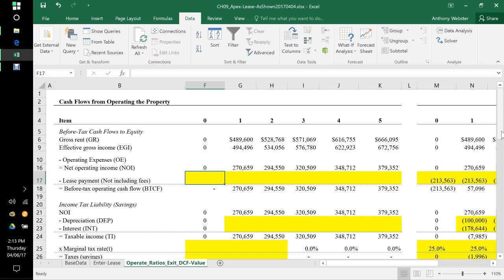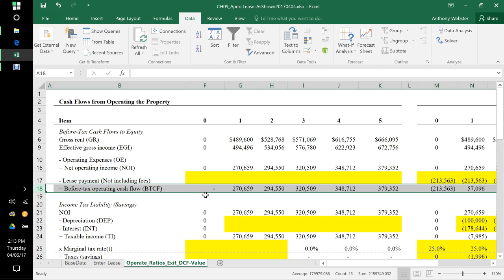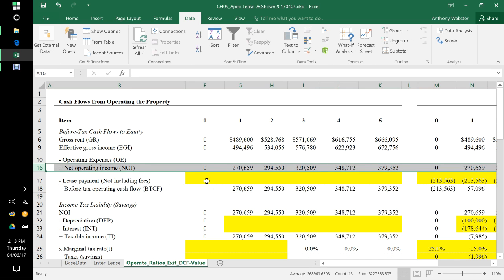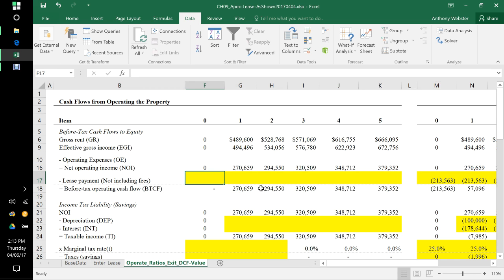So I'm going to walk us through the key things that are different than they would have been if we had a mortgage. Okay, so starting with operating, to get to before-tax cash flows, so we can get to operating tax and after-tax cash flows, we start with our NOI as usual, and then from that we have to subtract our lease payment.